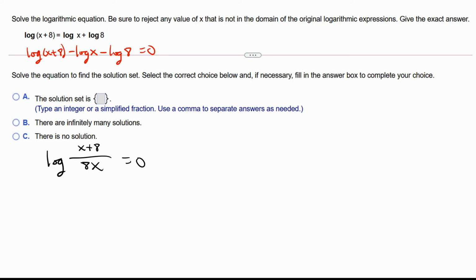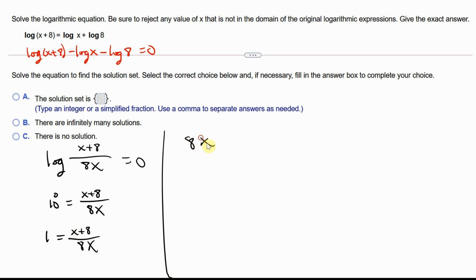Use the definition. So this is base 10. If it's not given, it's understood to be base 10. So this is base 10 raised to the 0 is equal to x plus 8 all over 8x. Well, 10 to the 0 is just 1 is equal to x plus 8 over 8x. Multiply both sides by 8x, so I get 8x is equal to x plus 8.